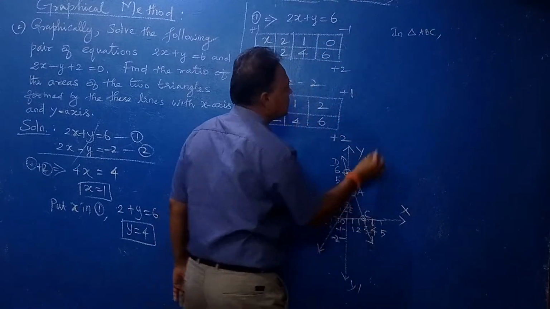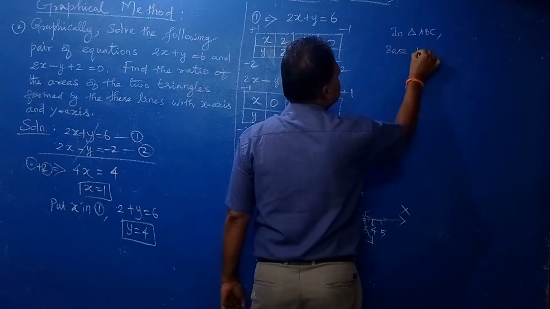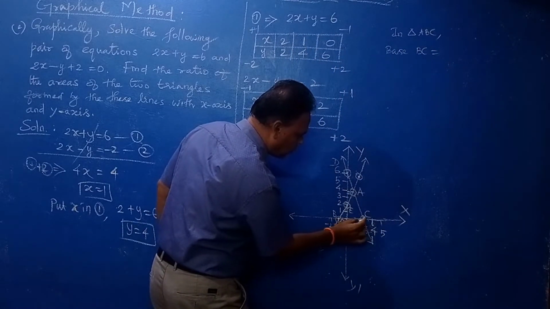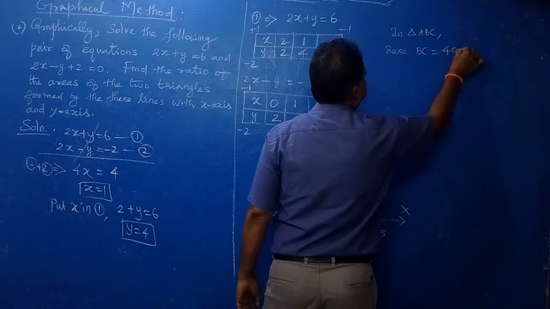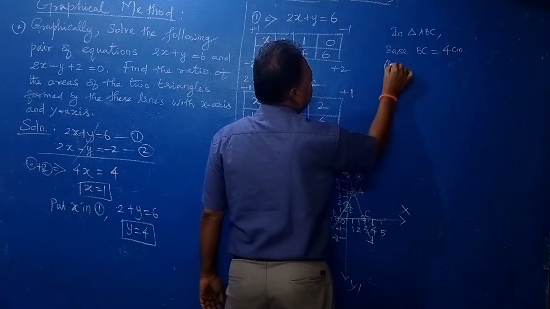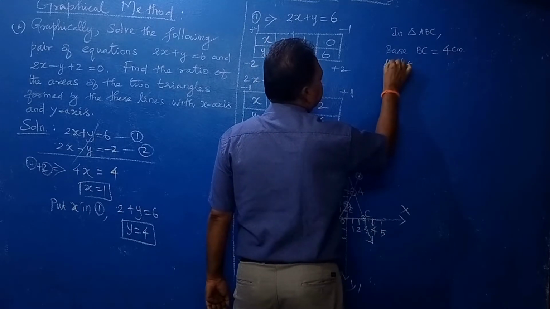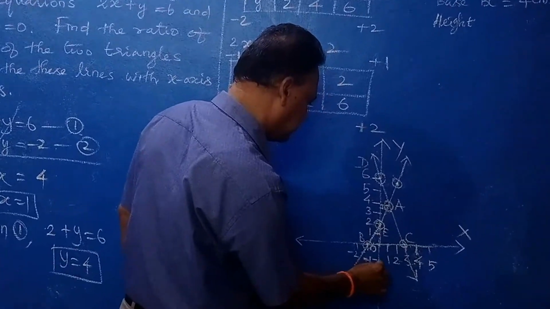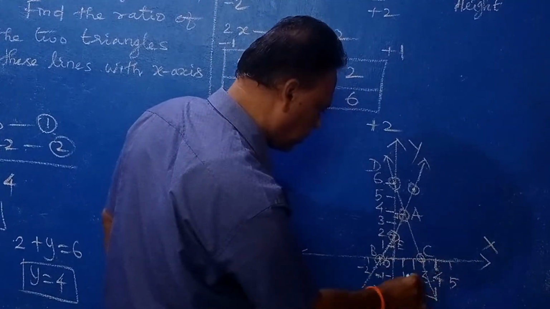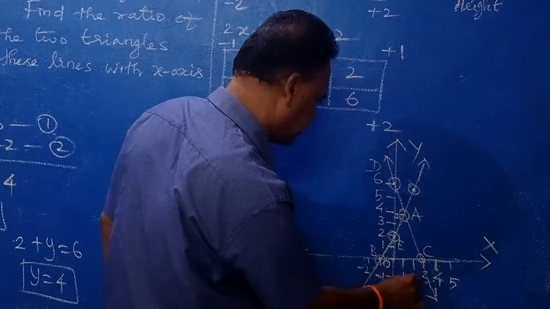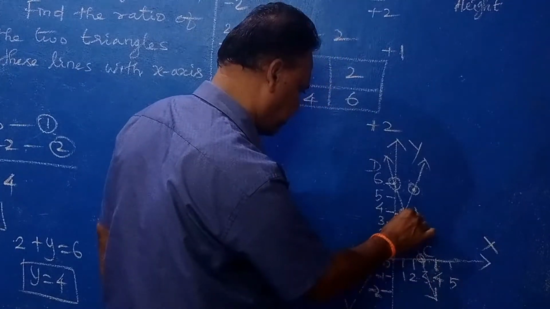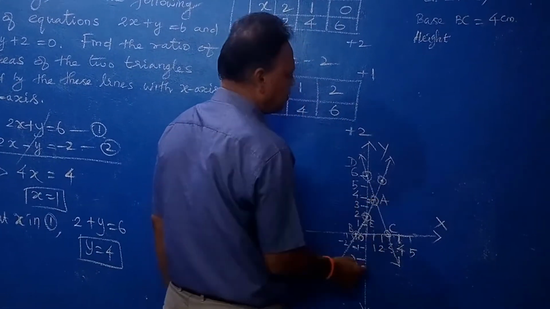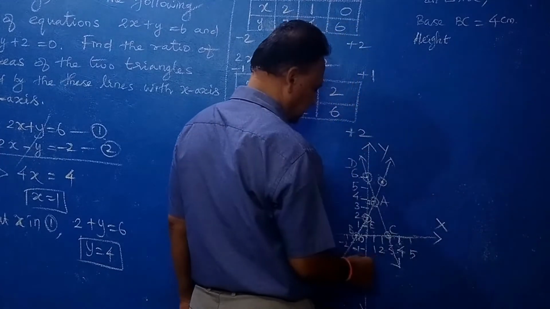In triangle ABC, base find out. Base is BC equal to how many centimeters? Here 1, okay, 2, 3, 4, 4 centimeters. Then height is how many centimeters here? 1, 4. Height is 1, 4, means 1, 2, 3, 4 centimeters.